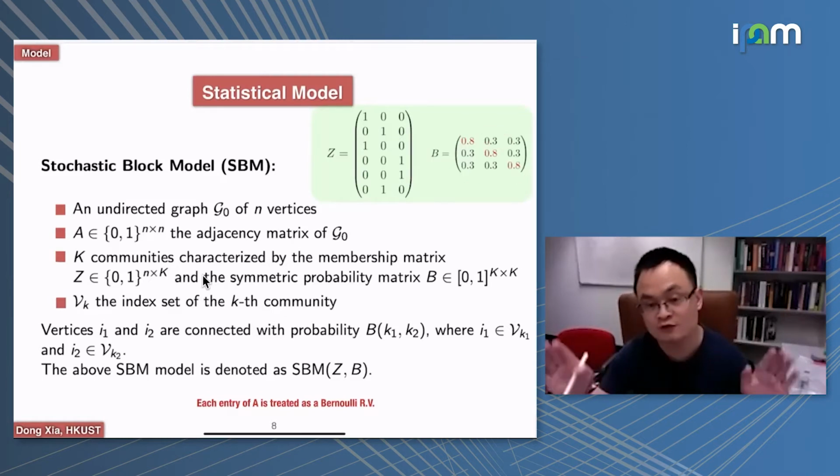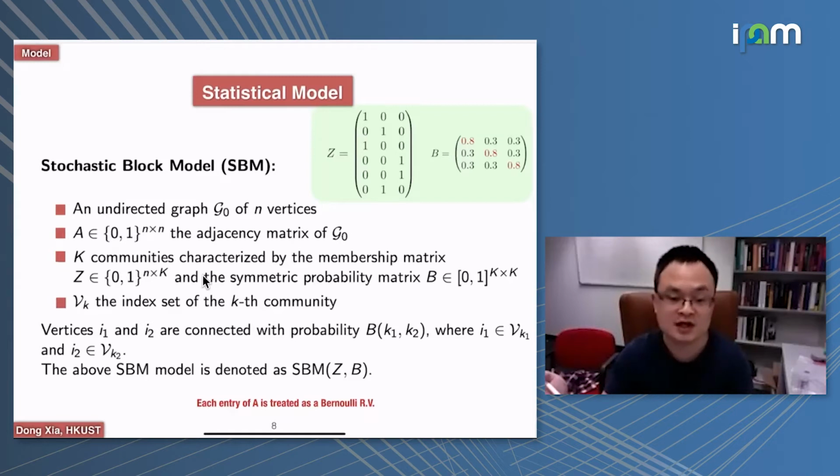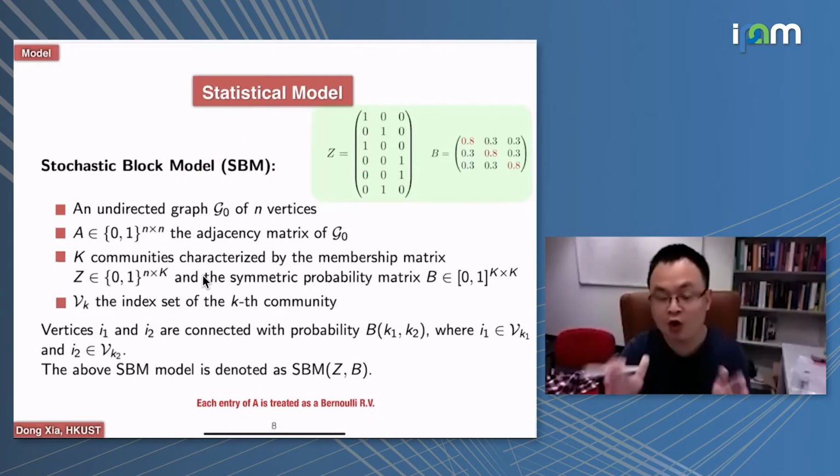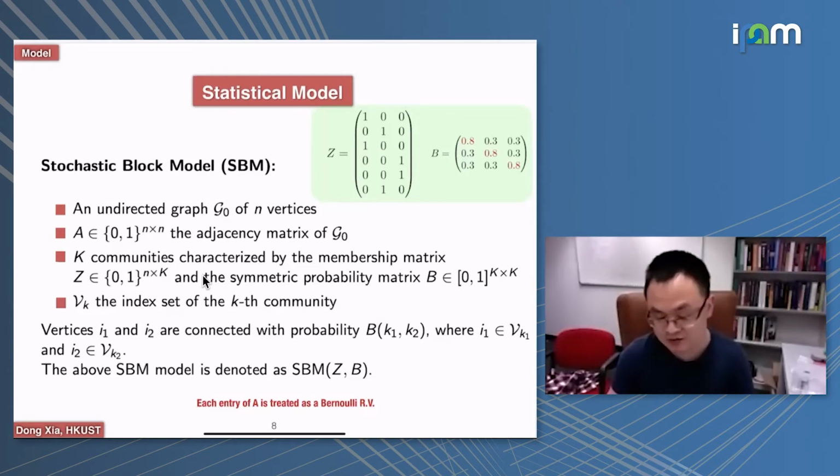In other words, if we have 2 vertices, 1 vertex comes from the first community and another vertex comes from the second community, then the probability of connecting these 2 vertices by an edge is given by 0.3. Okay, it is the probability of generating this edge. In other words, in this SBM model, all the vertices in the same community are considered stochastically equivalent. And this is the so-called SBM model.